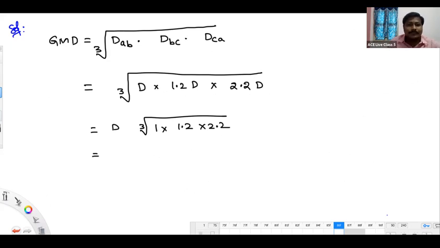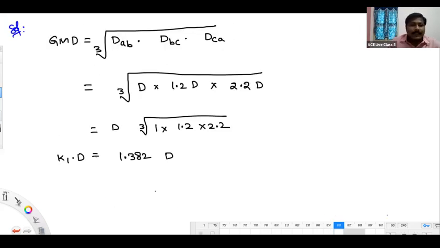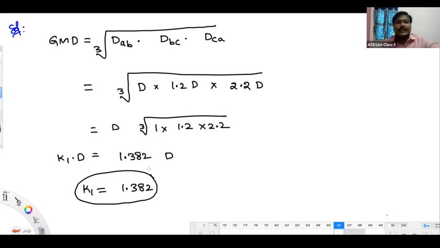It is 1.382 times capital D. So as he said already, GMD is nothing but K1 into capital D. Capital D will be cancelled out, and the value of K1 is this constant, 1.382.